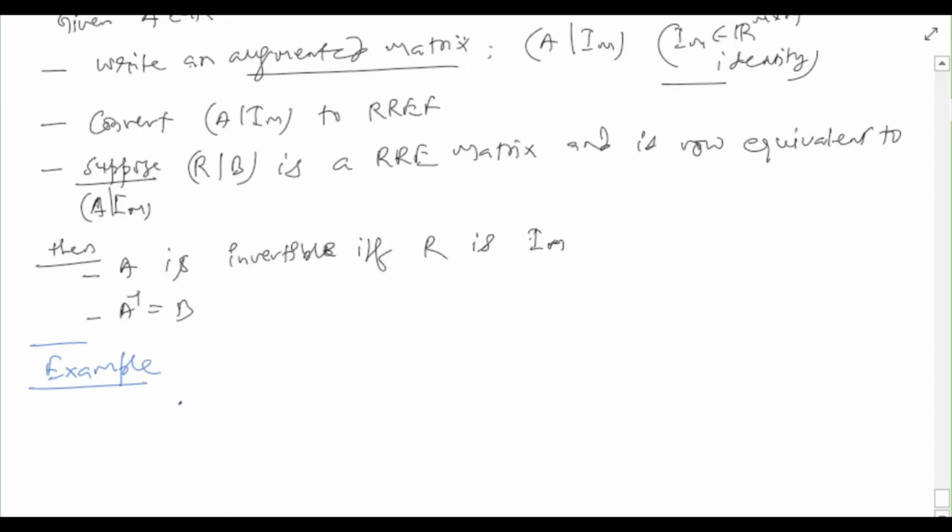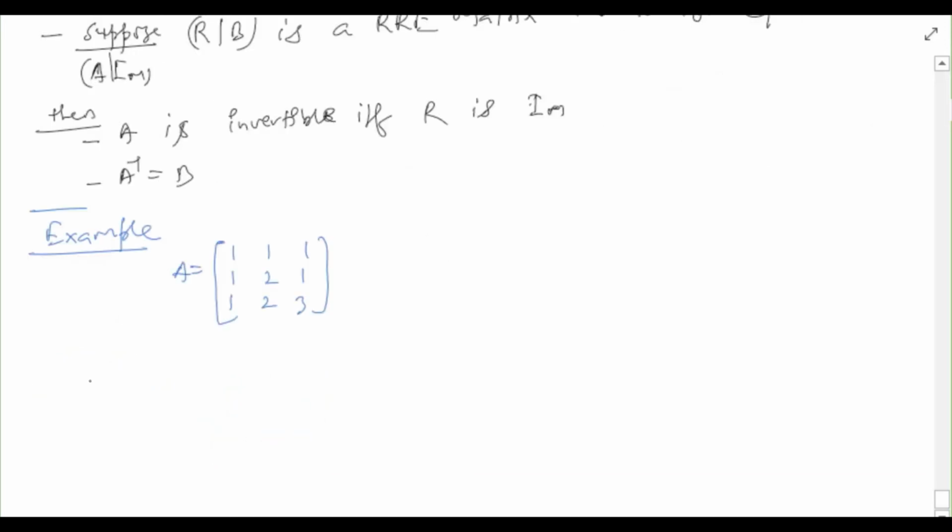Let's again consider A to be equal to 1, 1, 1, 1, 2, 1, 1, 2, 3. We will first write the augmented matrix A I_3, which clearly is 1, 1, 1, 1, 0, 0, 1, 2, 1, 0, 1, 0, 1, 2, 3, 0, 0, 1.